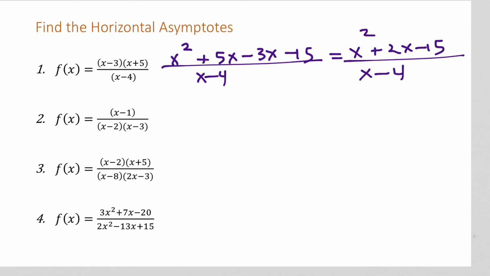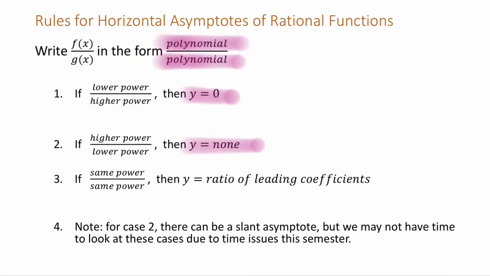Now I'm going to look at the powers of the highest terms. I've got a 2 on the top and a 1 on the bottom. So the degree of the numerator is higher than the degree of the denominator. I go back to the rules and see that this is case 2. So there's no horizontal asymptote, but there might be a slant asymptote, and we're not going to talk about that yet.